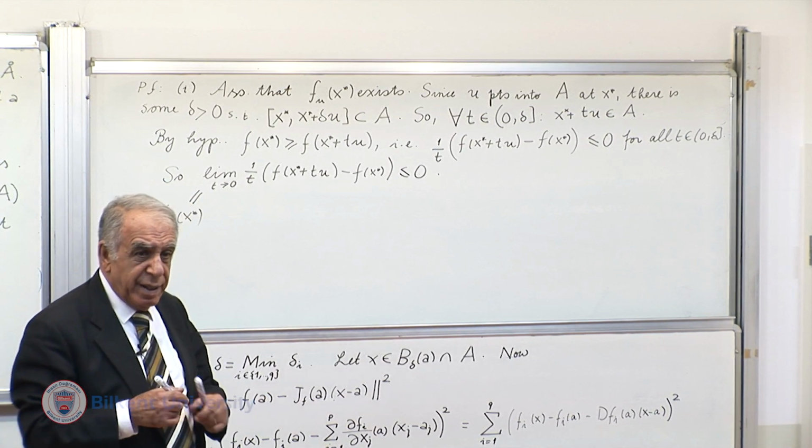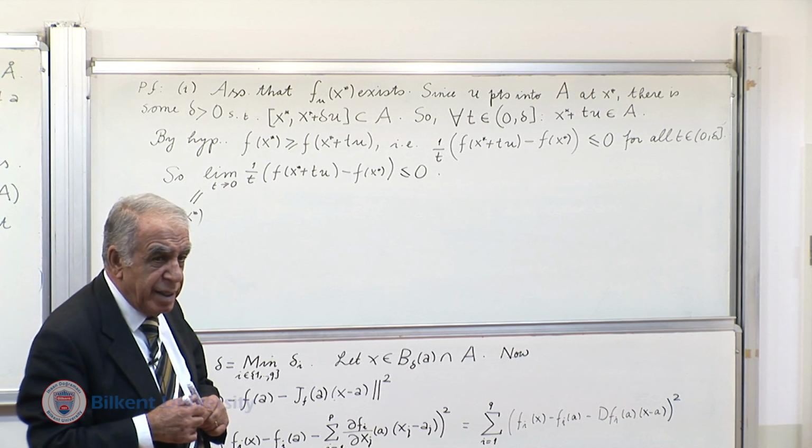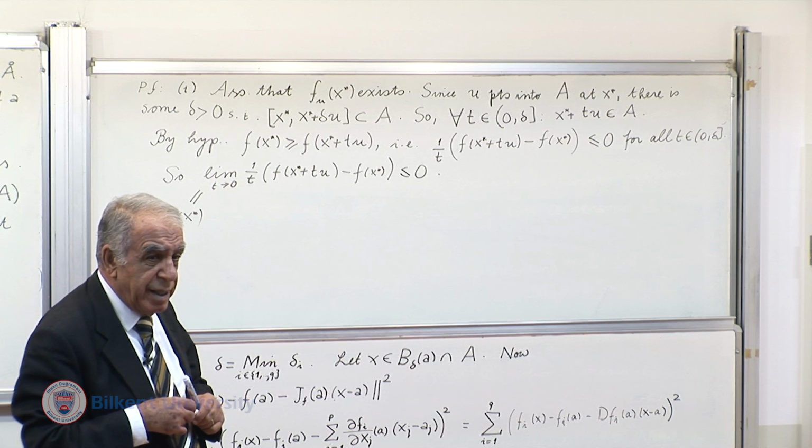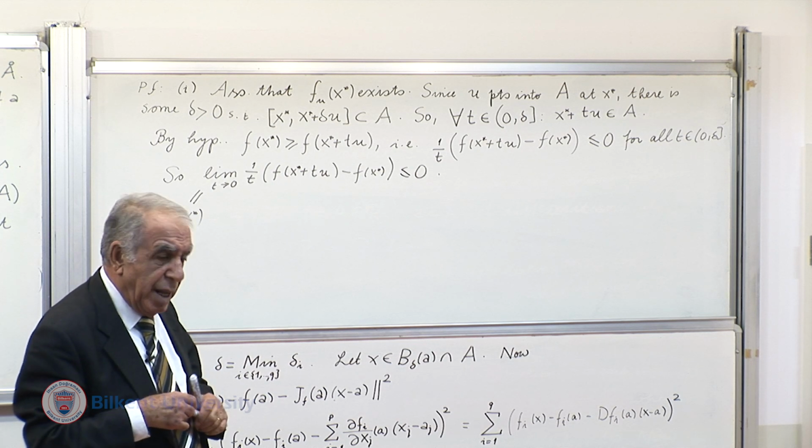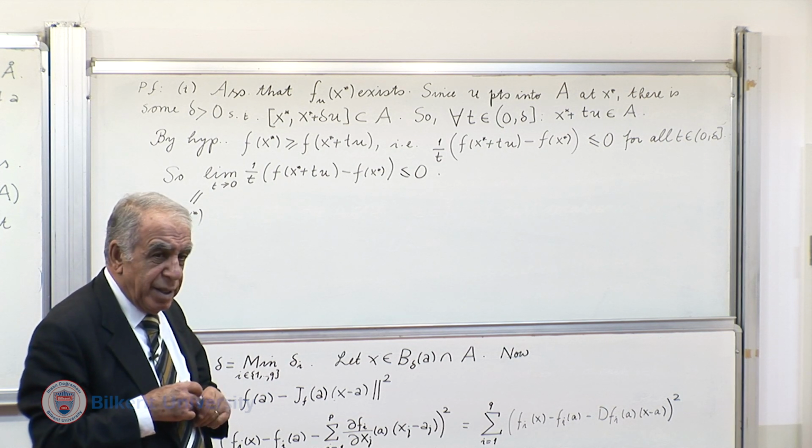Yeah? When we define the directional derivative, we didn't exclude that t cannot take negative values. Yeah, we did not. But is it well defined?